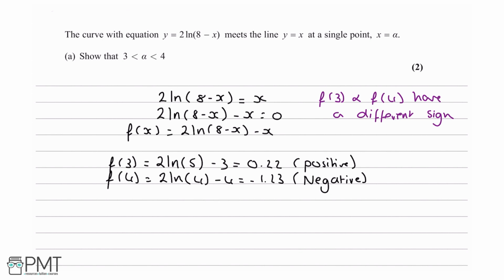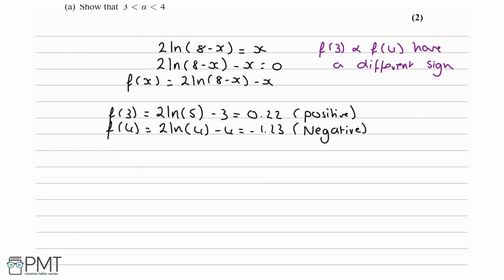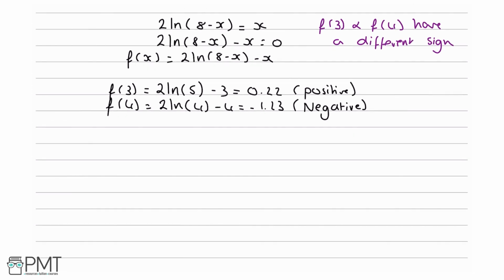Now we've got the bulk of our argument done, we just need to finish it with a good concluding statement. On a question like this you need to say f(x) changes sign between 3 and 4.